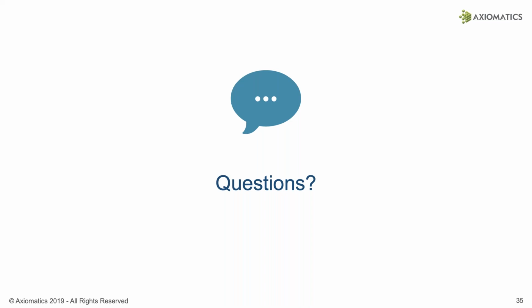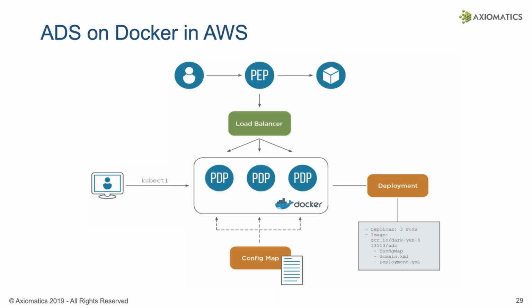Can the PDP or the authorization engine get information from the backend API in order to make an authorization decision? Yes, absolutely. It would essentially be a matter of configuring the authorization engine to have the backend API as an attribute connector.